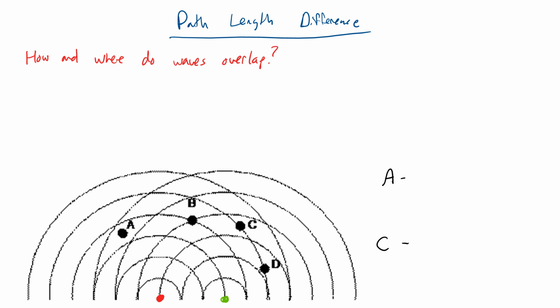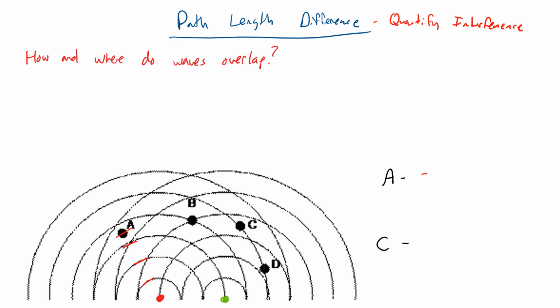So if we're thinking about path length difference, this is just a way to sort of quantify our interference. And so what we're going to look at is, well, how and where do these waves overlap? So if I look from source 1, this red one, 1, 2, 3.5.